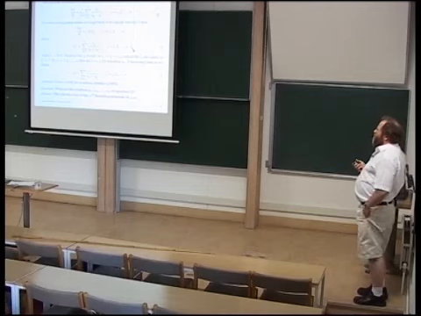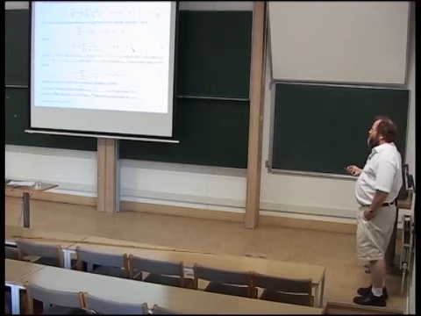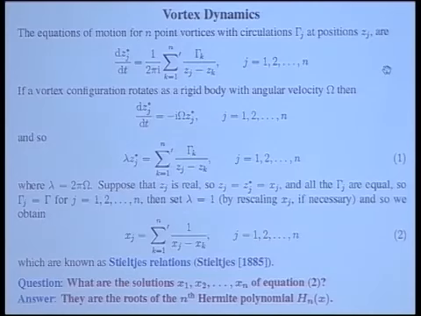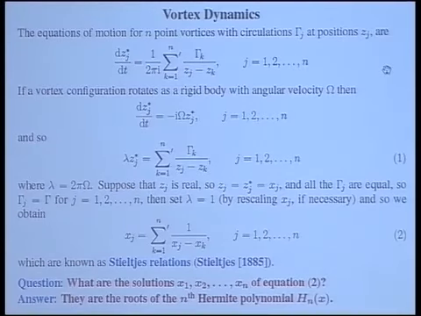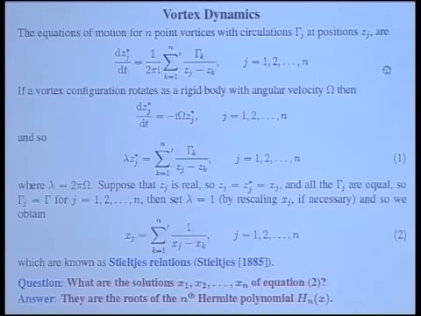Now, if the vortex configuration rotates as a rigid body with angular velocity omega, then the derivative is quite straightforward. It's just -i omega z_j star, where z_j star is the complex conjugate. And so you have to solve this system of equations here.